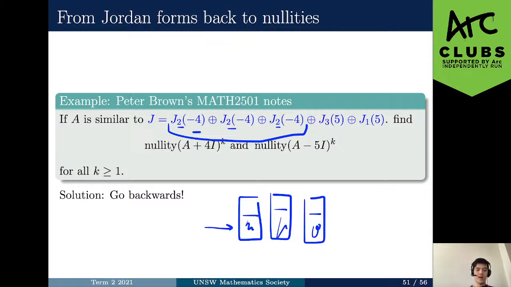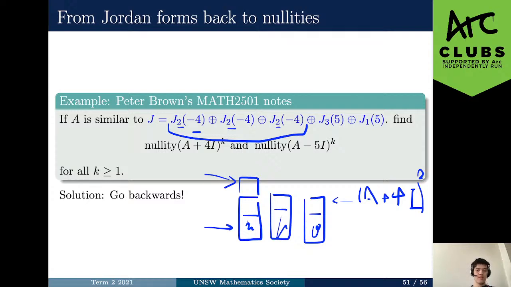And the ones on the higher column are all generalized eigenvectors corresponding to A plus 4I to the power of 2. And if there was a higher block, for example, if one of them was a size of 3, then this would be in the kernel of A plus 4I to the power of 3.